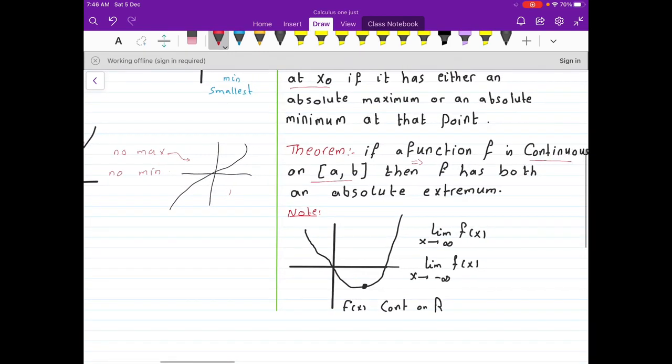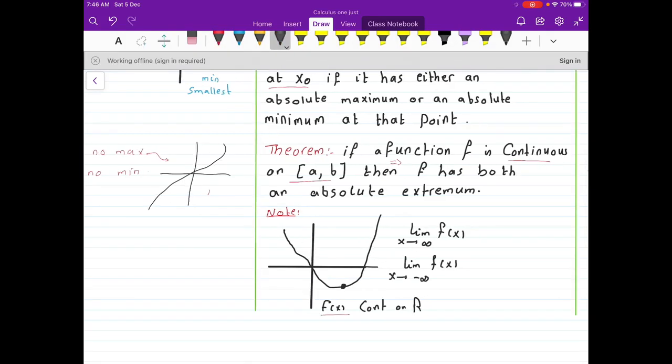Okay. This function f of x is continuous on R. Now, if you want to find the limit as x approaches infinity, obviously from the graph, as x approaches infinity, this graph approaches infinity. And the limit of f of x as x approaches minus infinity, look at the graph, as x approaches minus infinity, it also approaches infinity.